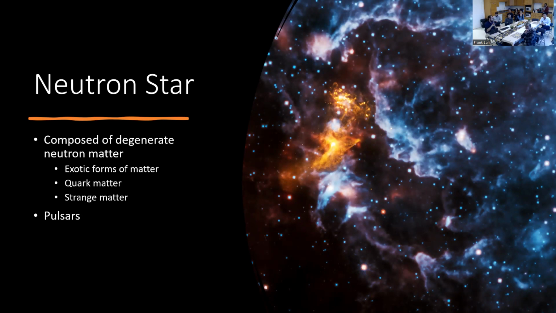Instead, they will fuse with protons to form neutrons. So it's basically a material that's entirely made of neutrons. There's additional exotic matter, basically in how they interact. And also they can form something called pulsars, which, if they're rotating really quickly, can release short-timed X-ray and gamma ray bursts, which are really interesting. Cool.